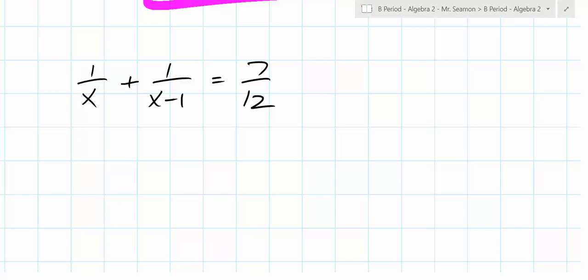Can you do that with the 12? The only other thing you do is subtract 7 from that side and make it equal. Yeah, I got it.